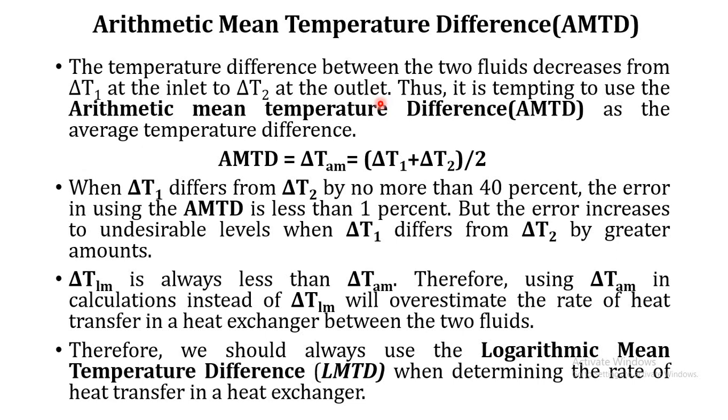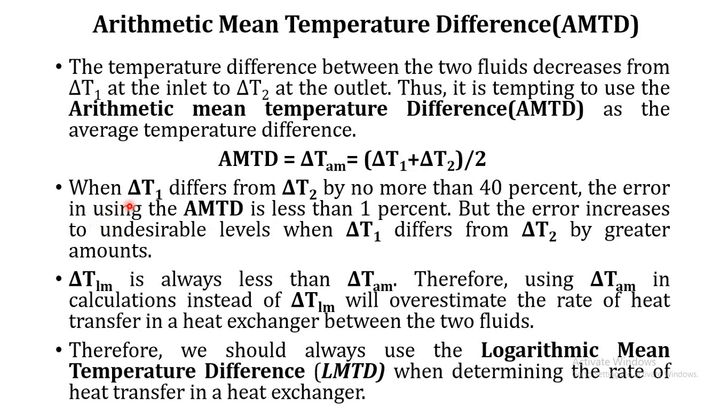So it is tempting to use the arithmetic mean temperature difference, which is the average of these two temperature differences at inlet and exit. ΔT_AM is the arithmetic mean temperature difference, AMTD, equal to ΔT1 plus ΔT2 divided by 2, where ΔT1 is the temperature difference between hot fluid and cold fluid at inlet, and ΔT2 is the temperature difference between hot and cold fluid at exit of the heat exchanger.